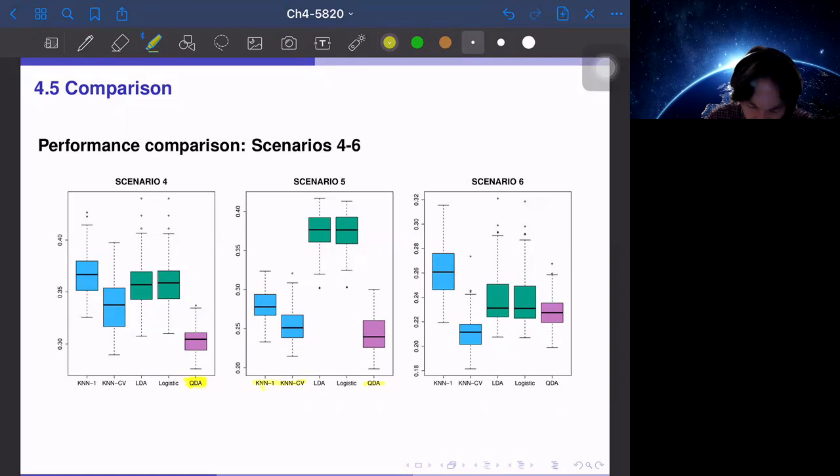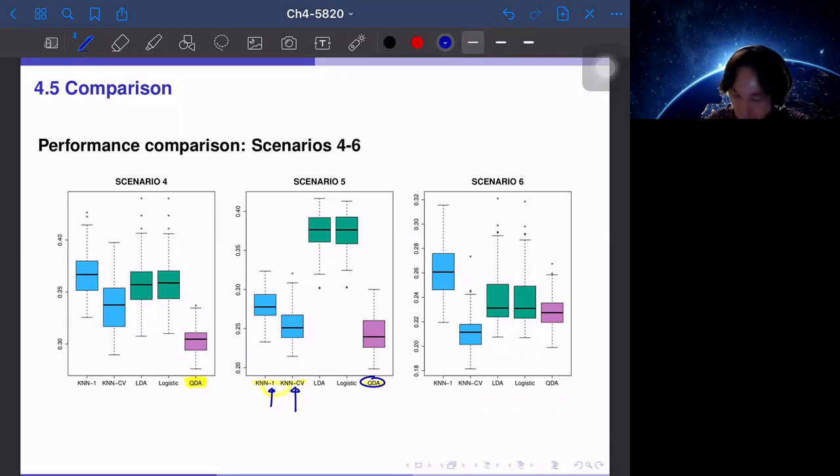Here we have two KNN models. KNN1 is one nearest neighbor, the most flexible, the most overfitted model. KNN-CV, where CV stands for cross-validation, means K is optimized for out-of-sample performance. So it's the best practice for KNN, but still it's worse than QDA because of the underlying data structure.